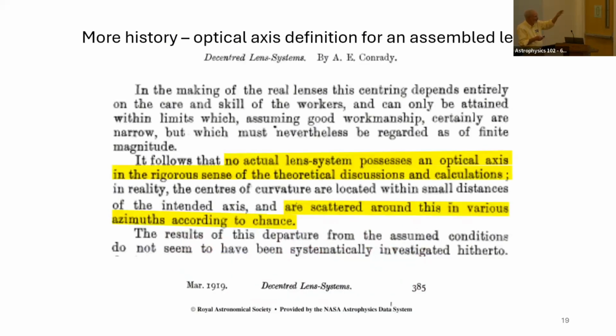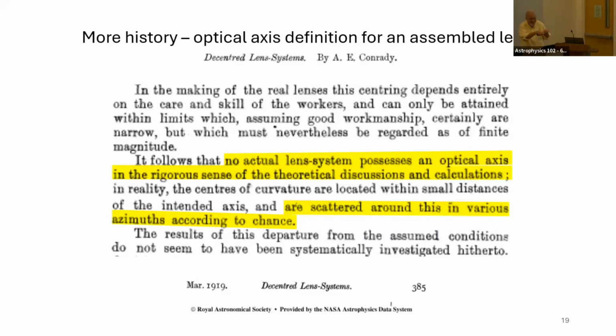Just one more physical or historical note. Conrady, back in 1919, and Conrady is the Imperial College lens design guy. I don't know if you know Rudolf Kingslake, the Rochester guy who was Conrady's student, and Kingslake's wife was Conrady's daughter. It's all Rochester stuff.